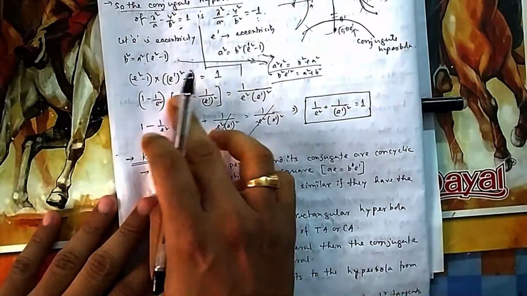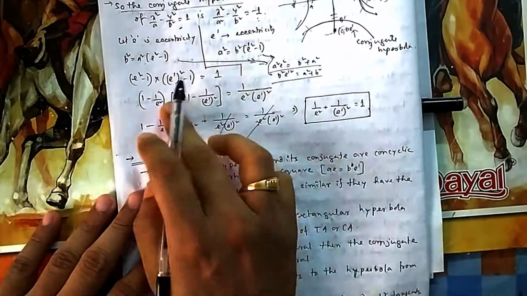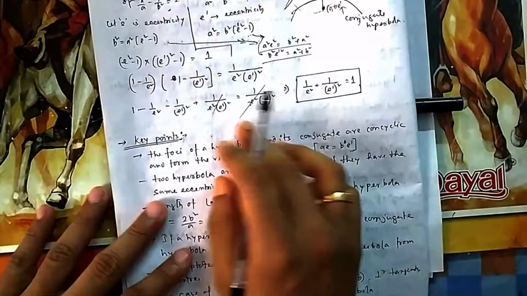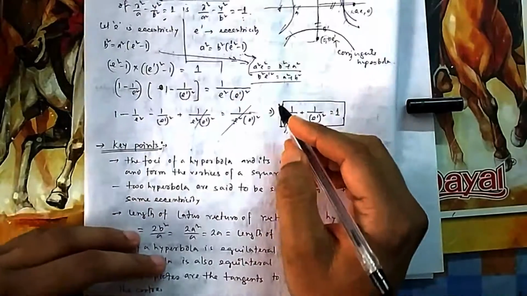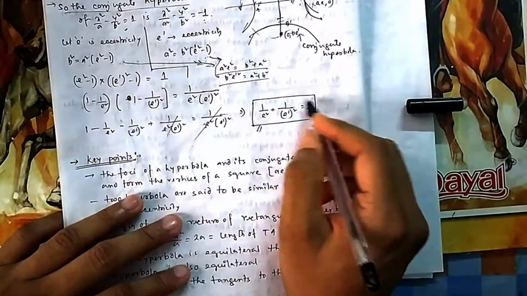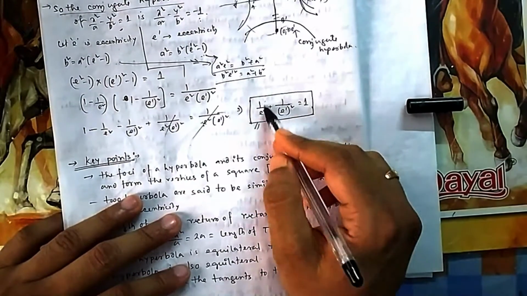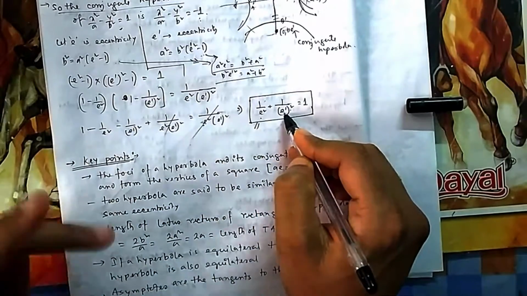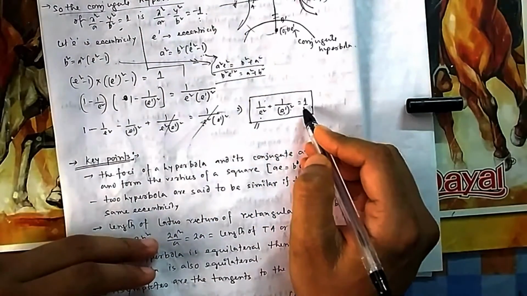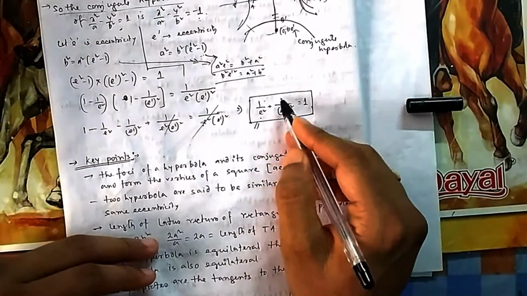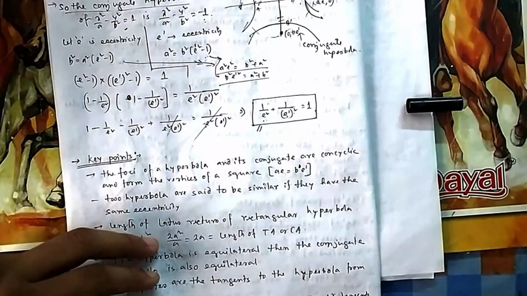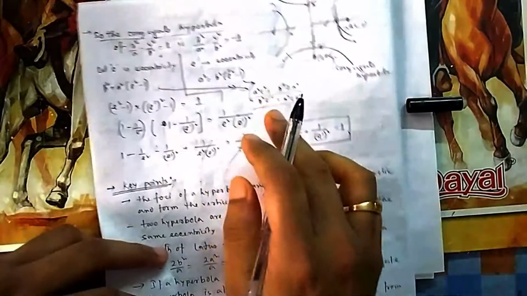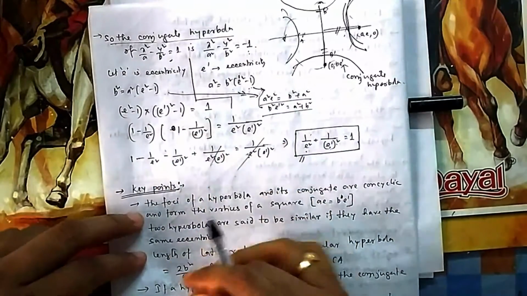If you divide both sides by e square e dash square and open it, you will come to this conclusion. So if they are conjugate hyperbolas, this relation is always satisfied: 1 by e square plus 1 by e dash square is equal to 1, where e dash is the eccentricity of the conjugate one.